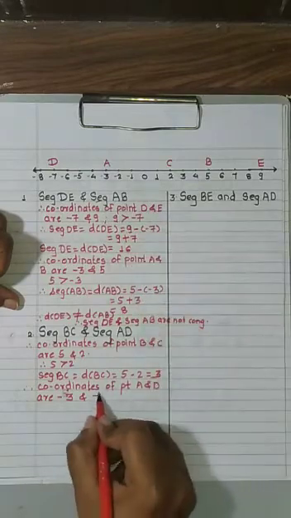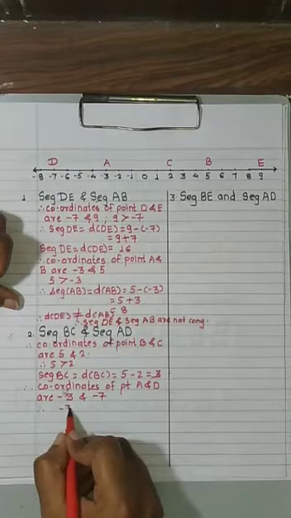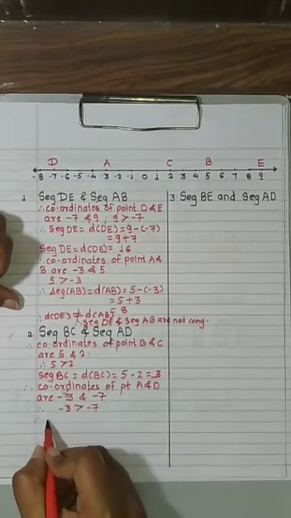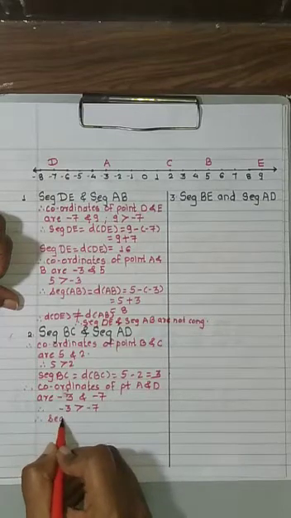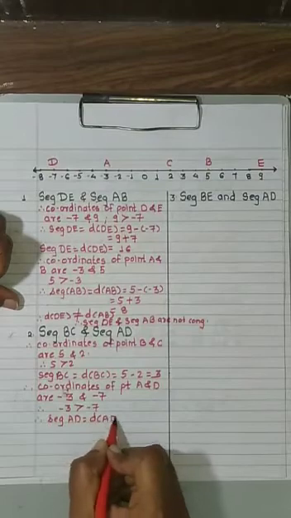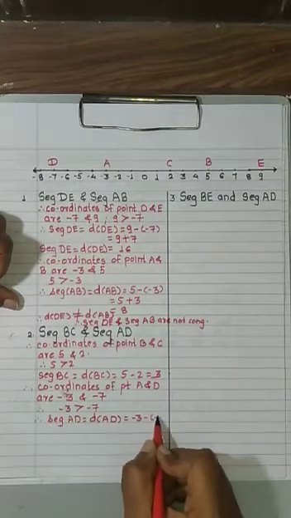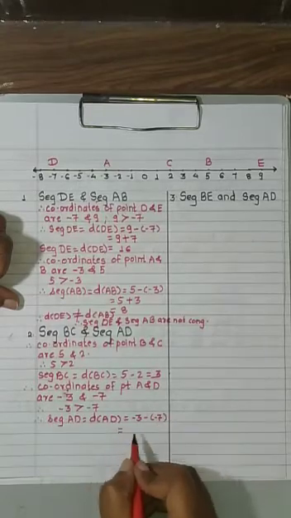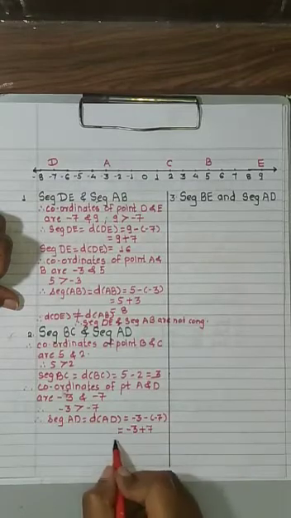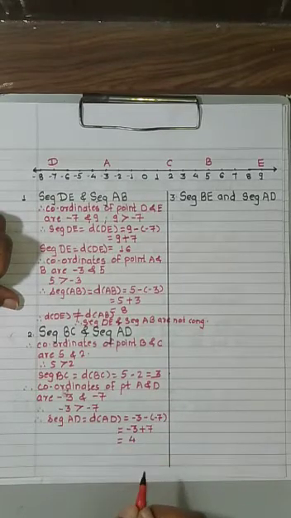Now you can see here, A is minus 3 and D is minus 7. Therefore minus 3 is greater than minus 7. Therefore seg AD is equal to distance AD is equal to minus 3 minus -7. Minus 3 minus will become plus 7, that is 7 minus 3, that is 4.